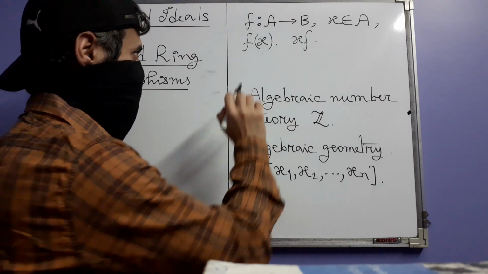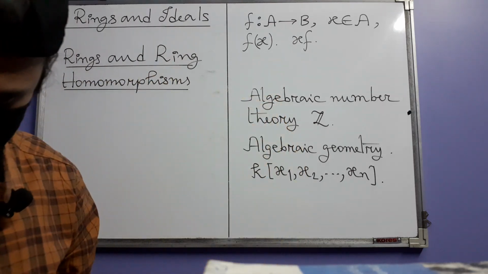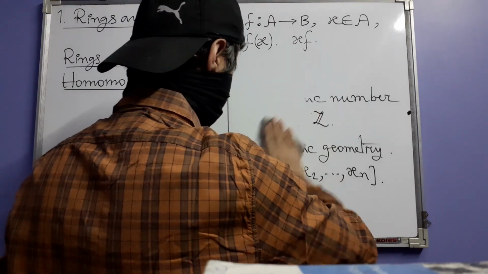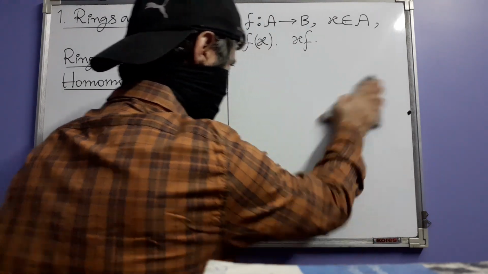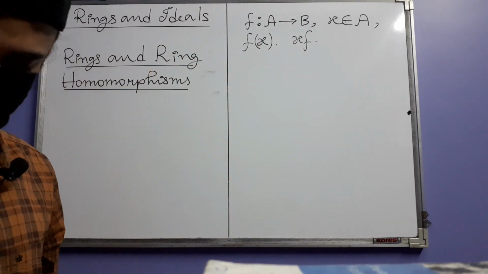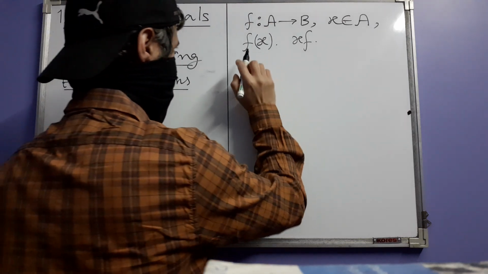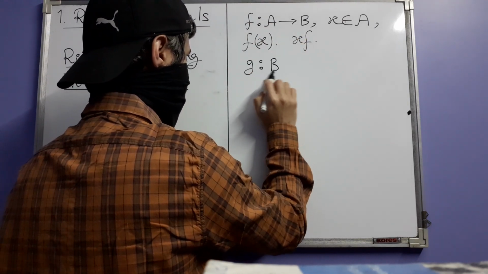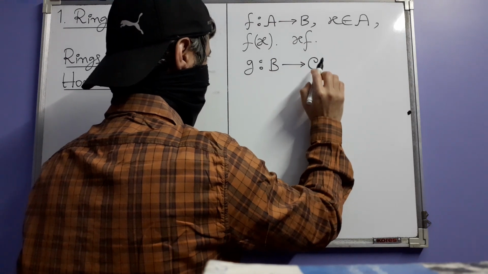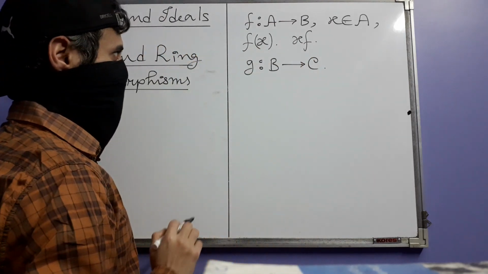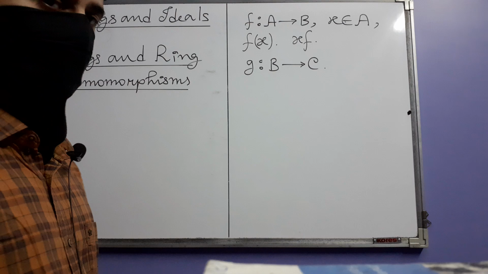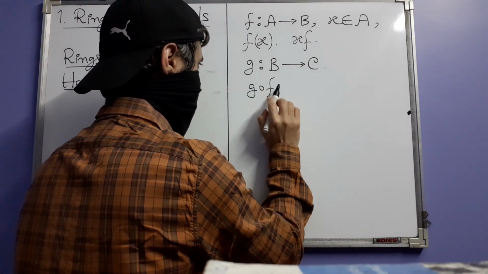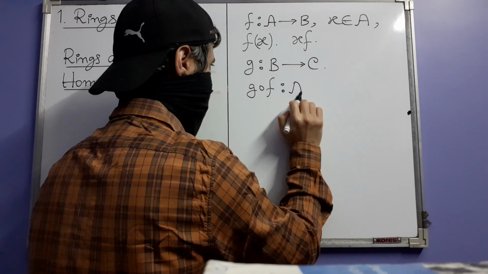And that is why if you have another function, besides this function, say you have another function g from B to C, then the composition of f and g is written as g composition f.